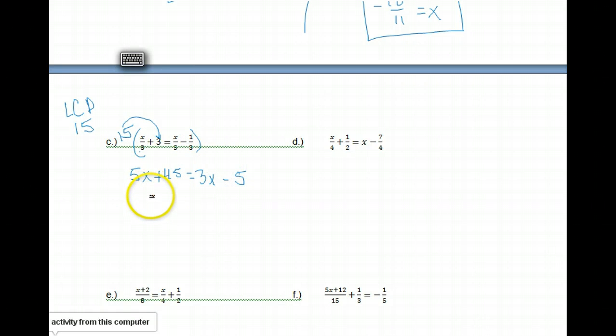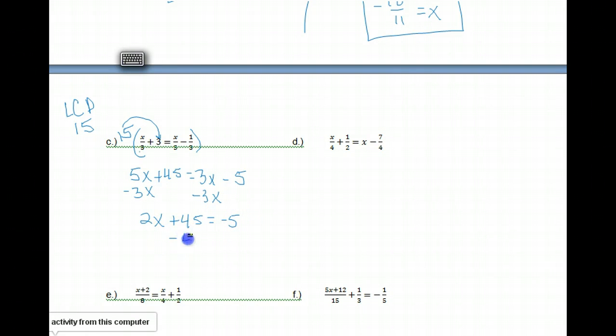Now we have an equation with all whole numbers or integers, and we have variables on both sides, so we need to move one to the other side. I will subtract 3x from both sides. 5x minus 3x is 2x, plus 45 equals negative 5.